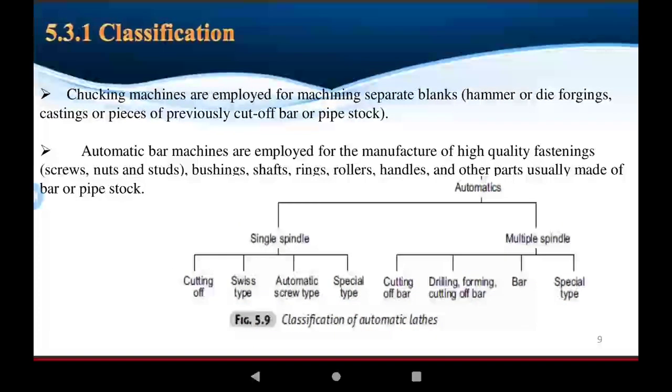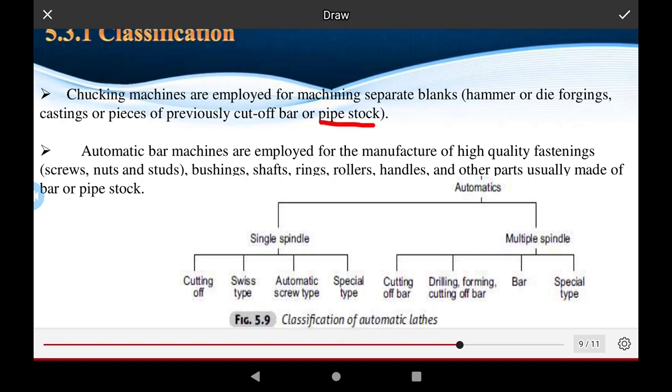Okay, and the second part of the machines is the automatic bar machines, which are employed for the manufacture of high quality fastening of the machines. These are very strong automatic bar machines, selected for the manufacturing of high quality fastening work. Screws, the machines are also selected for screws, nuts and studs.